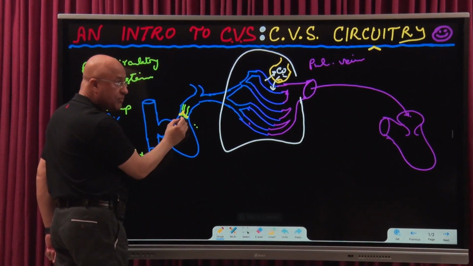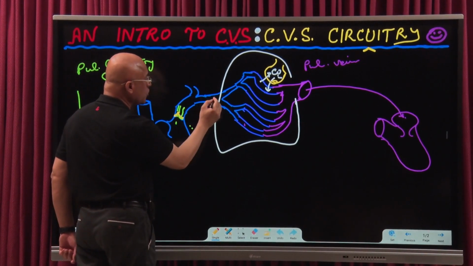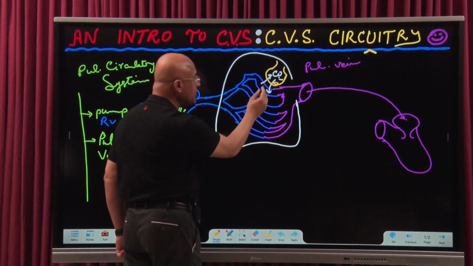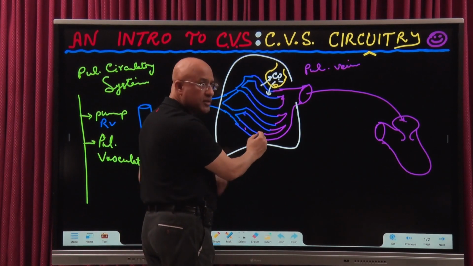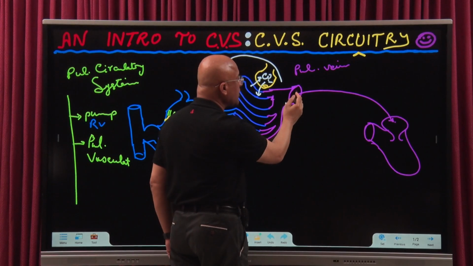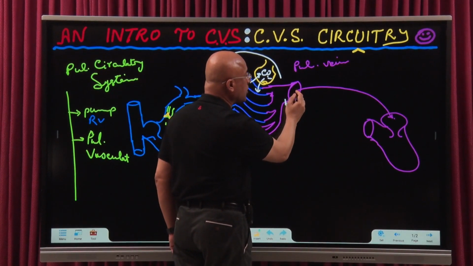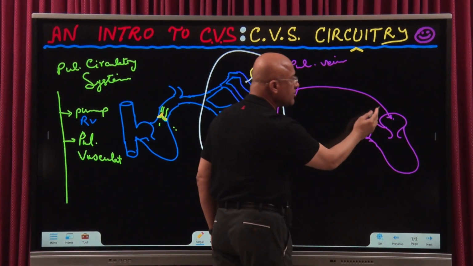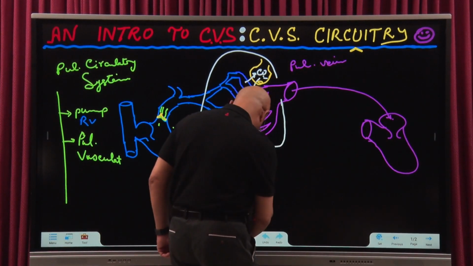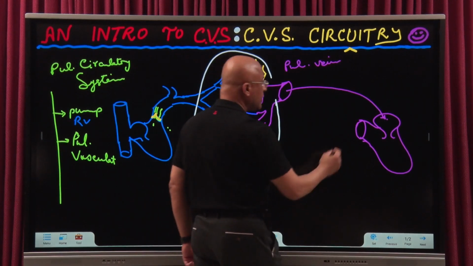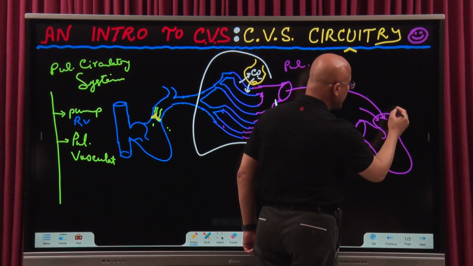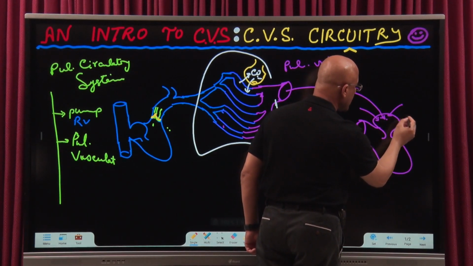Pulmonary valve, and it also includes all the pulmonary arterial tree, and then it includes pulmonary capillaries, the diffusion points, and then it comes together and converts into pulmonary veins, and pulmonary veins drain into left atrium. And how many pulmonary veins drain into left atrium? Actually, there are 4. 2 coming from the right lung and 2 coming from the left lung.